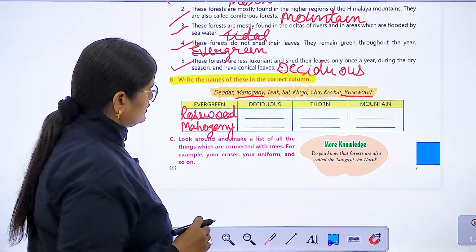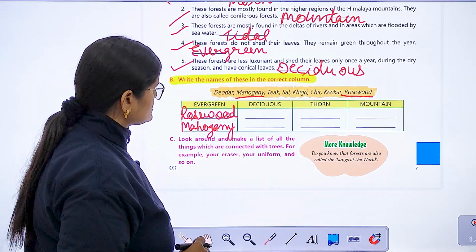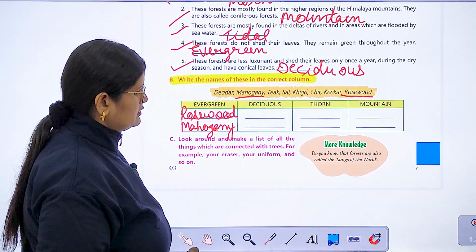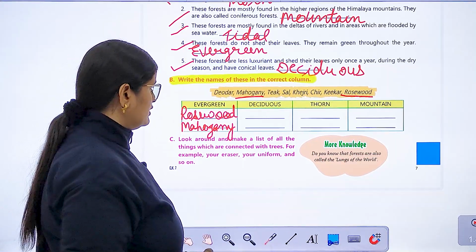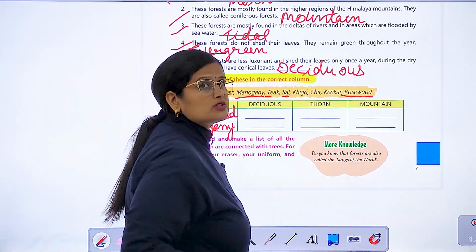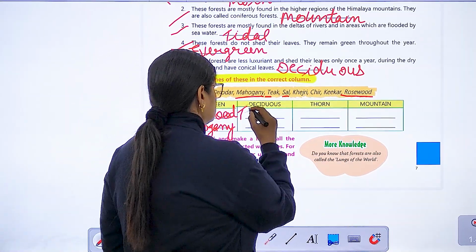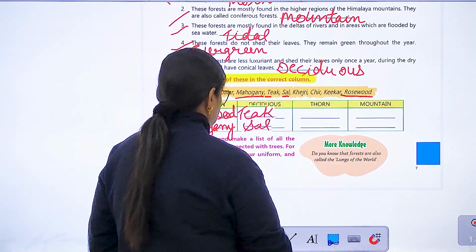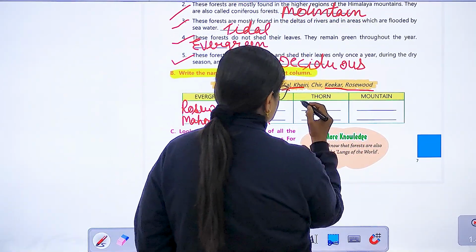Now deciduous, deciduous. Teak and sal. Khejri and kikar.